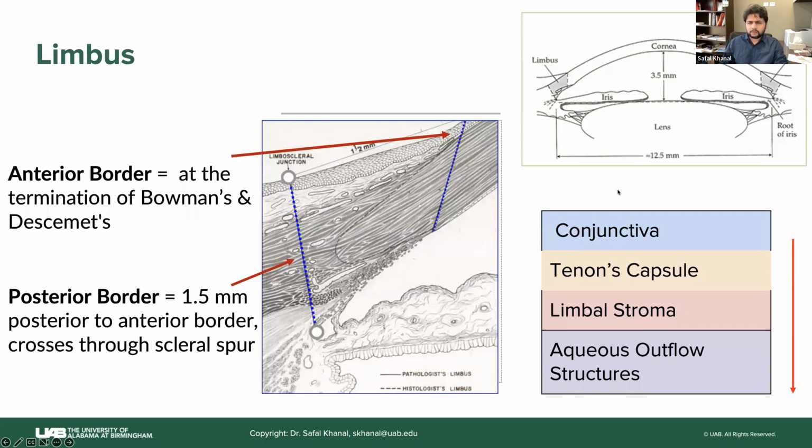Now, if you go from outside to inside, outermost to innermost layers, there's your conjunctiva, and then there's your Tenon's capsule, which actually engulfs the globe completely, originating from the optic nerve. And there's your limbal stroma underneath. And then you have your aqueous outflow structures just on the innermost side.